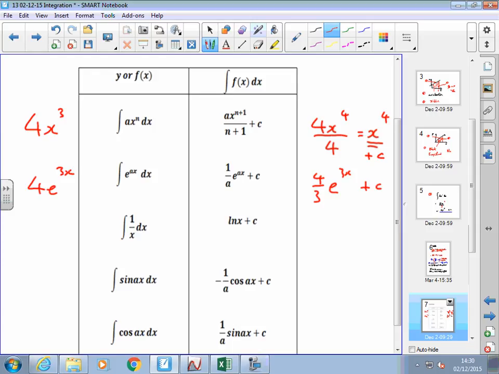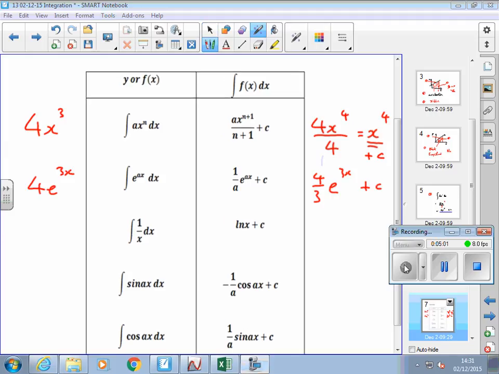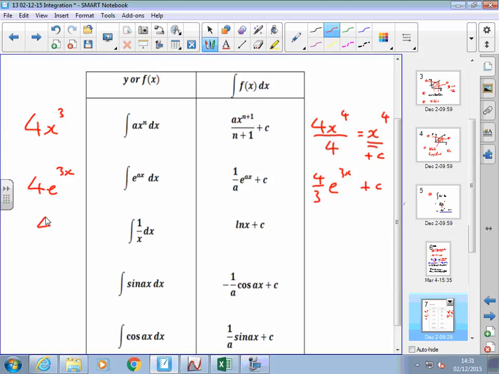Hopefully you can see that. If you don't see it, just say, and we'll have another look at it. So the next one, integral of 1 over x is just log x, as simple as that. However, if there's a number in front, so again, let's think of something like 4 over x. Well, we think of that as 4 times 1 over x. So we separate out the 4 and the inverse bit of the function.